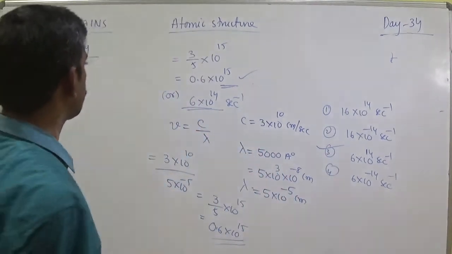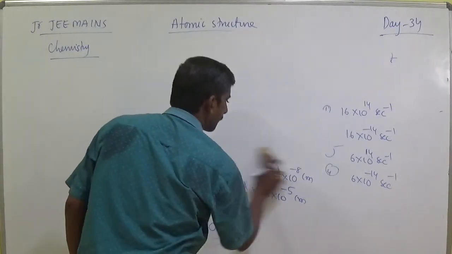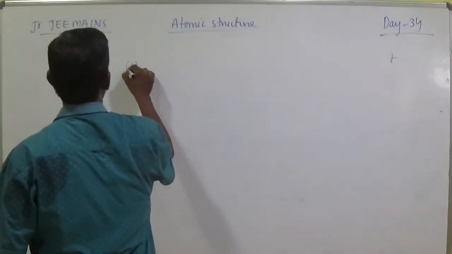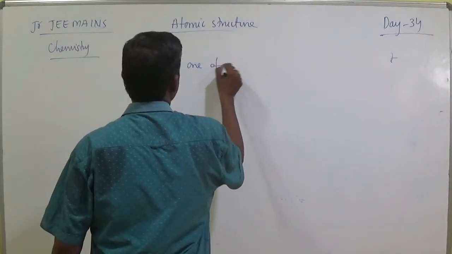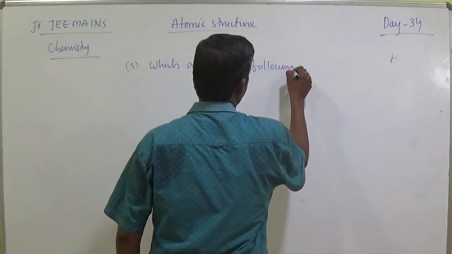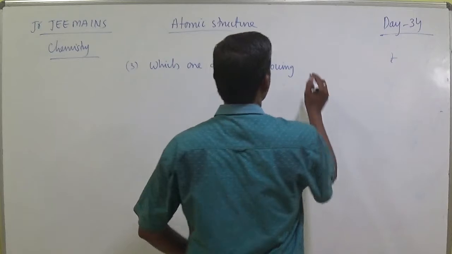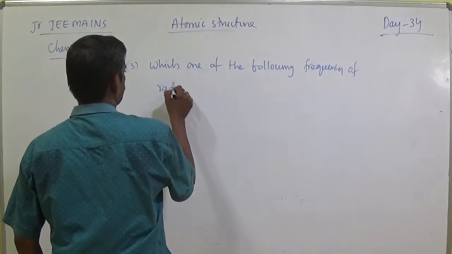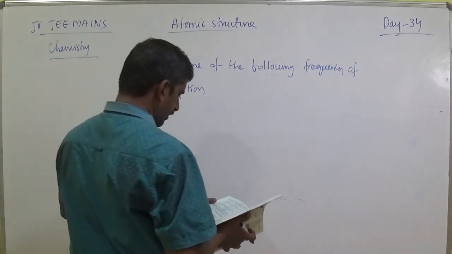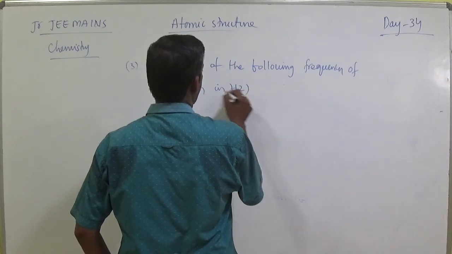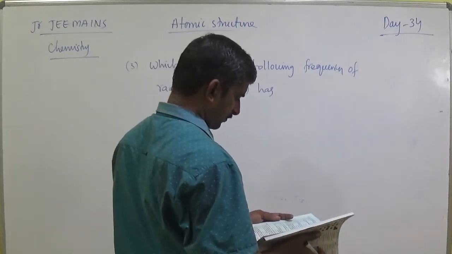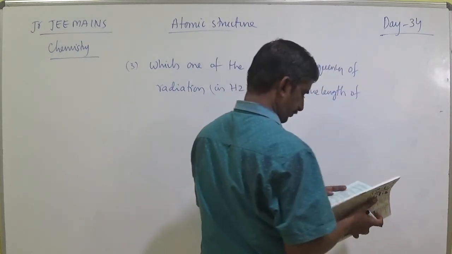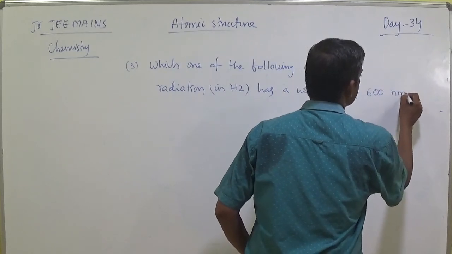Which one of the following frequency of radiation in hertz has a wavelength of 600 nanometers?